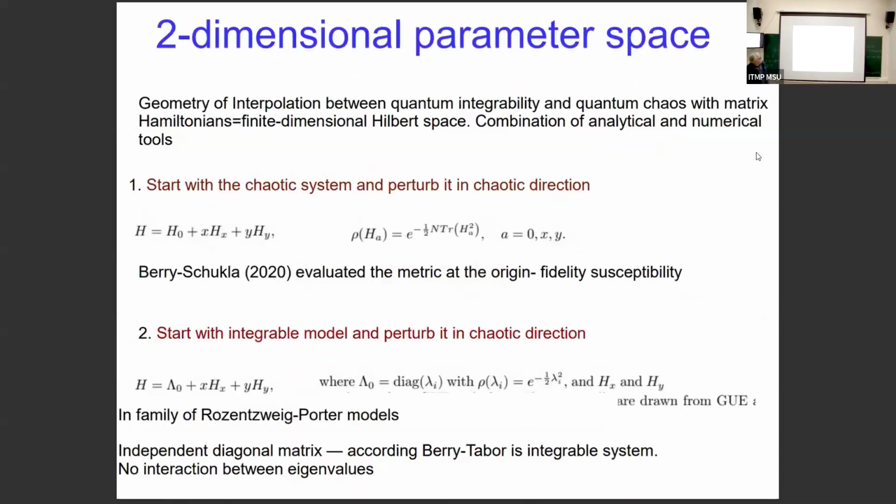We consider the simplest possible situation, but for a two-dimensional parameter space.